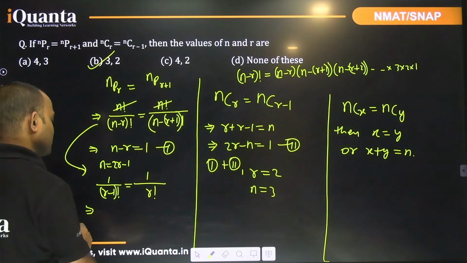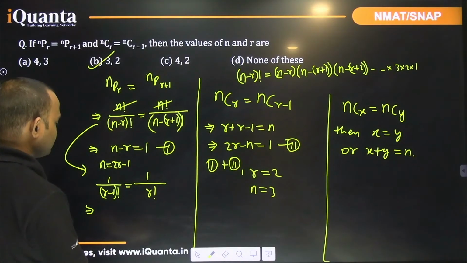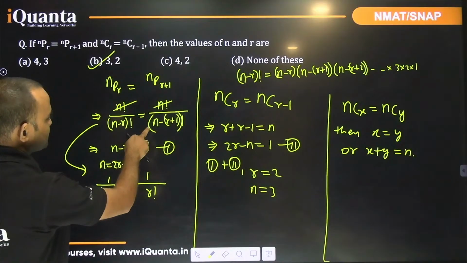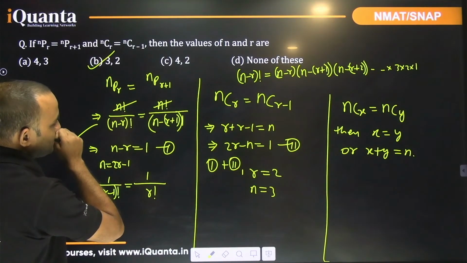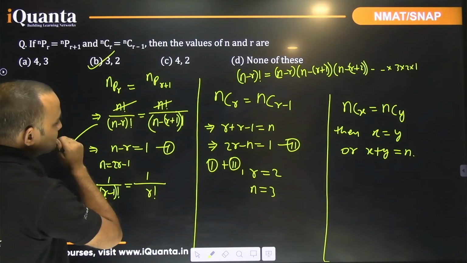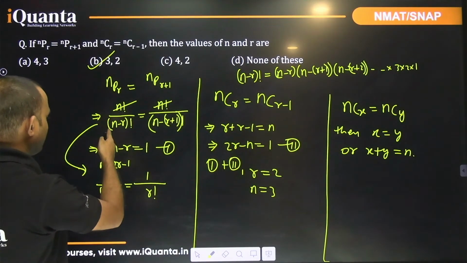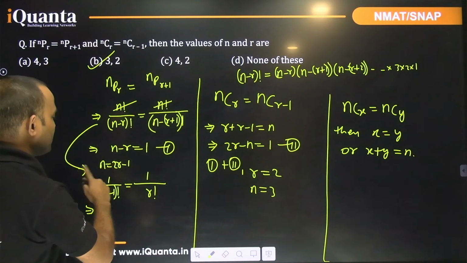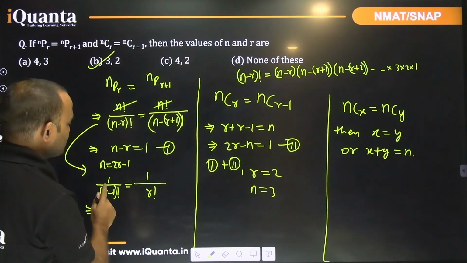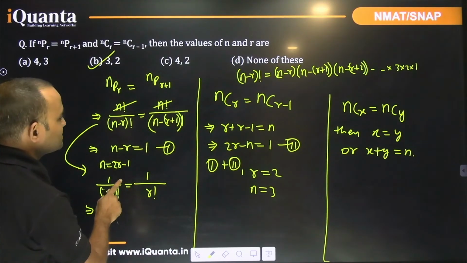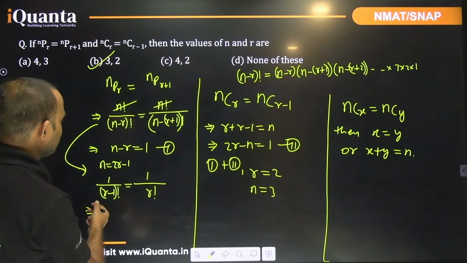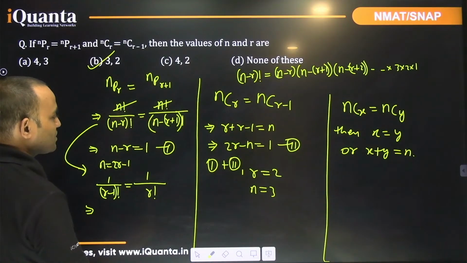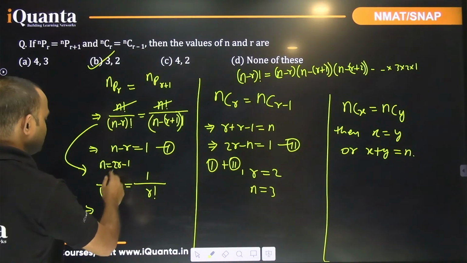Yes, r minus 1 will be equal to 1, right? Something else will come here with 2r minus 1, I will have to check it, but anyway from here also the answer should come that r is equal to 2. Something is probably missing here, because of which it is not coming, but even if I put n is equal to 2r minus 1 from here, we should get the answer, right?